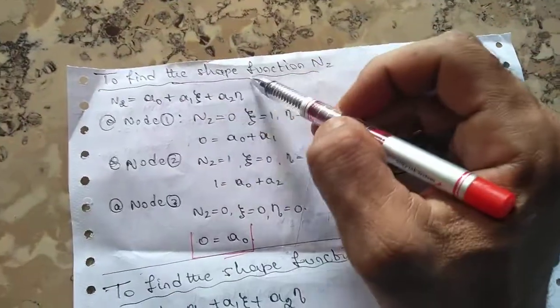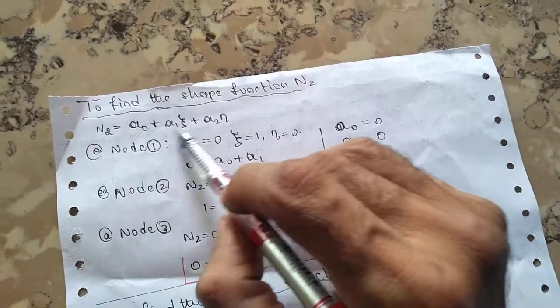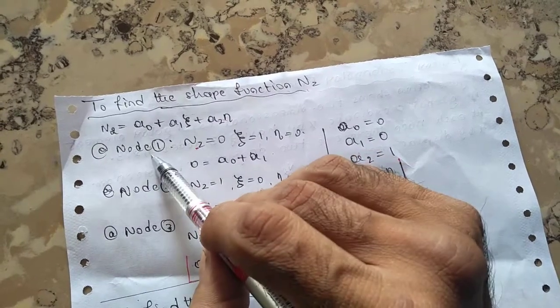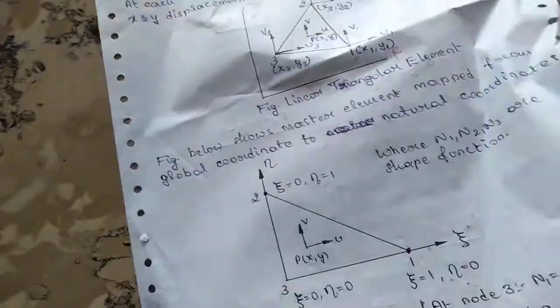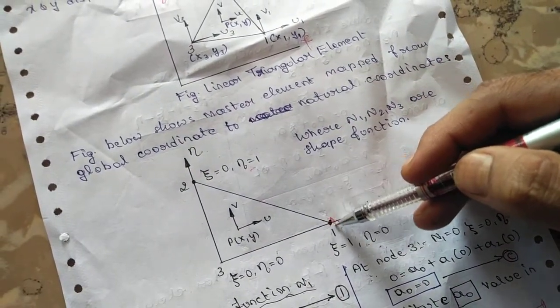So N1 is equal to xi. Similarly, for the shape function at node 2, N2, same equation, substitution. N2 will be 0 at node 1. In this point N2 is 0.